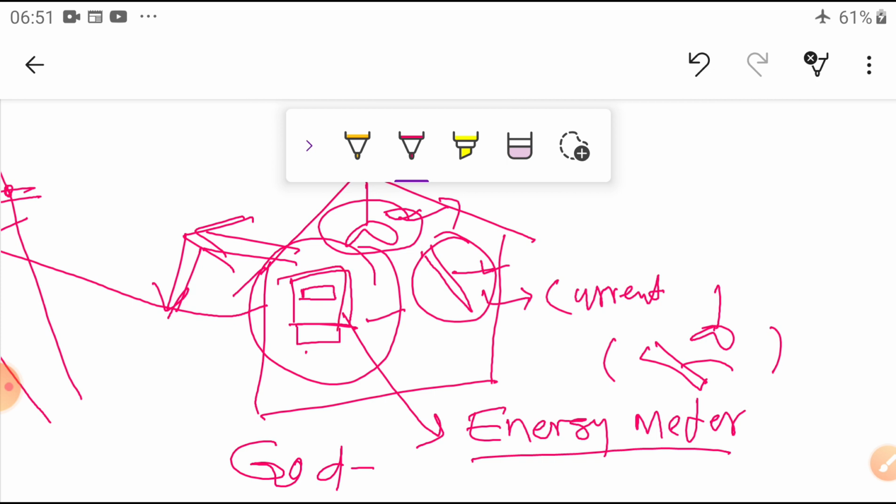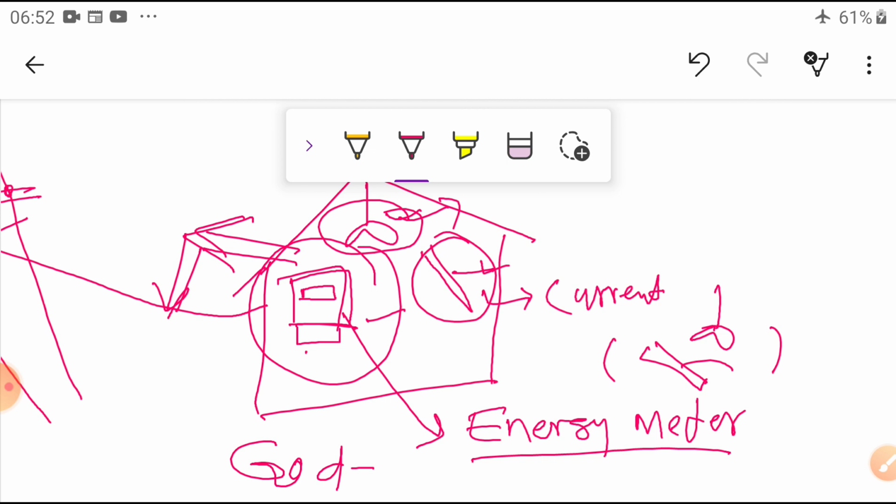So what is energy? Once again, energy is the total power delivered over a given interval of time. Its unit is the kilowatt hour in bulk, or otherwise we can use the watt hour. This is an integrating instrument which measures the quantity of electric energy supplied to a circuit in a given time, as we have seen in previous classes.